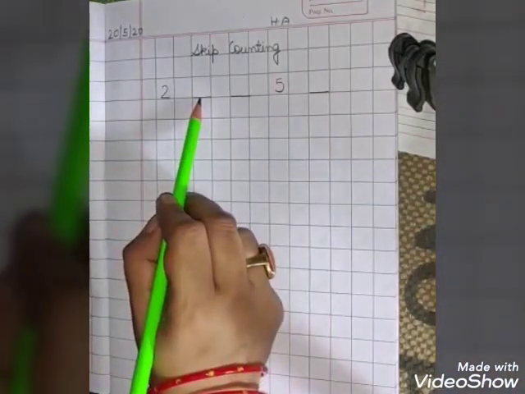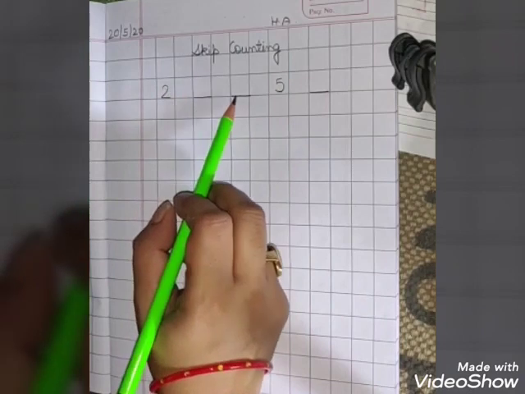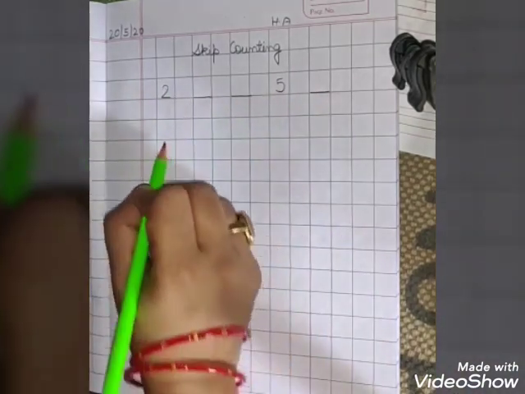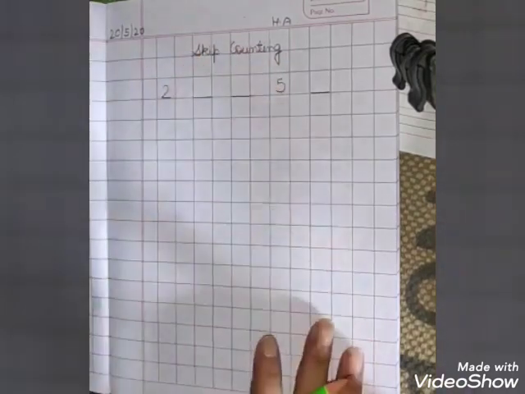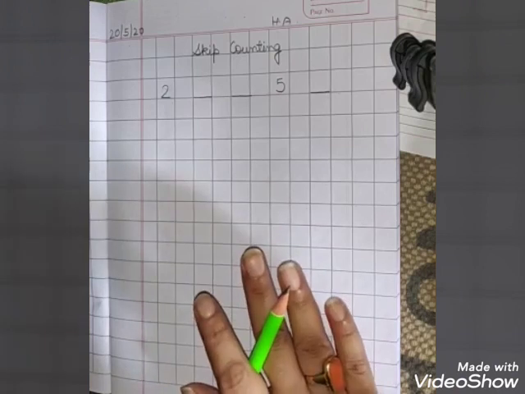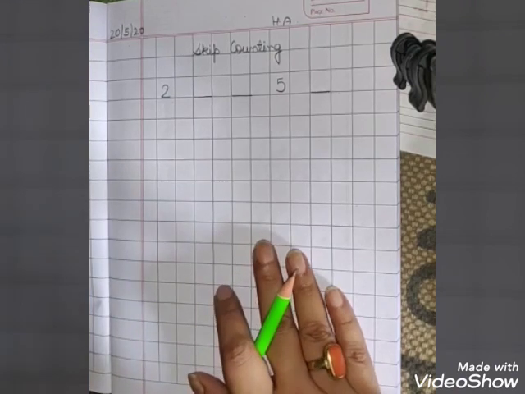Now what you have to write in this empty space: after 2 comes 3, 4, then 5 is written, and after 5, 6. Okay, so I will make the pattern and give you a snap of it, a picture of it, and you will complete the same thing in your copy by yourself.